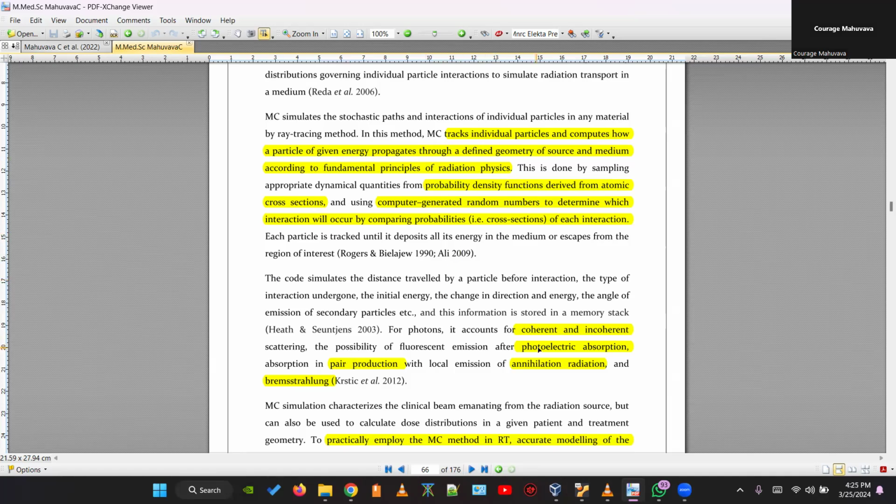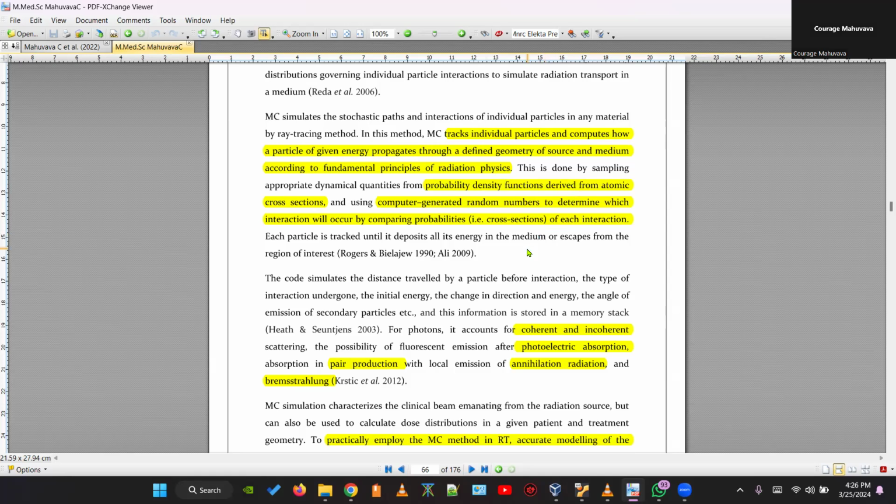So Monte Carlo models all of that, and it does that by tracking, or ray tracing, each and every particle from the moment of its birth to the moment it loses all its energy, or to the point where it escapes from the region of interest. All right. So it does that through the use of probability density functions that are based on these cross sections, or probability of interactions.